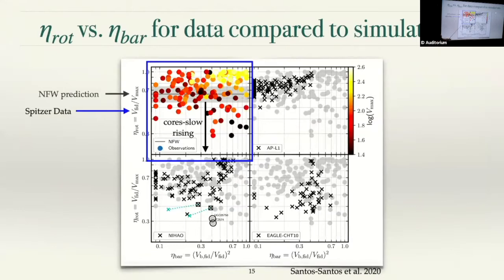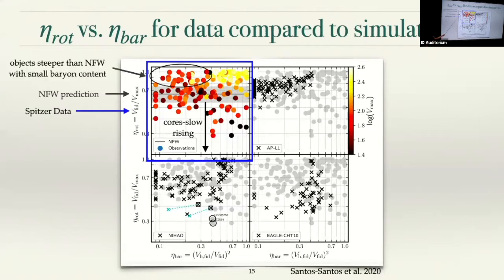On the y-axis I have eta rot, which is the proxy for how fast or slow the rotation curve is rising, and on the x-axis you have eta bar, which is the proxy for the baryonic content in the central region. So these galaxies down here are the cores, and these objects up here are the objects that rise faster than NFW, so those are steeper than NFW.